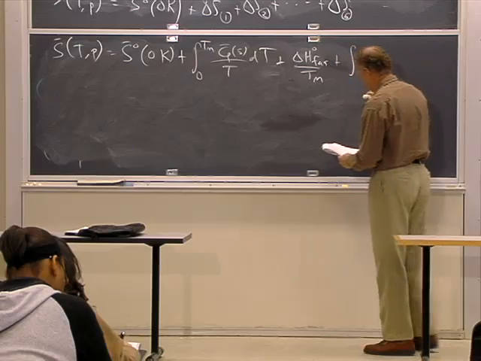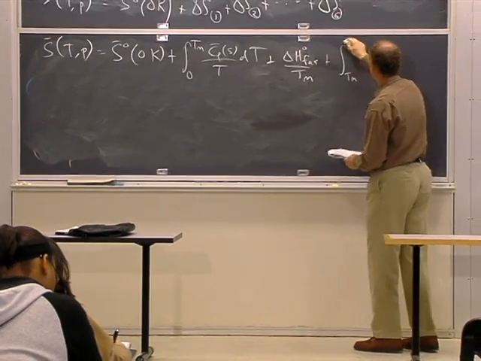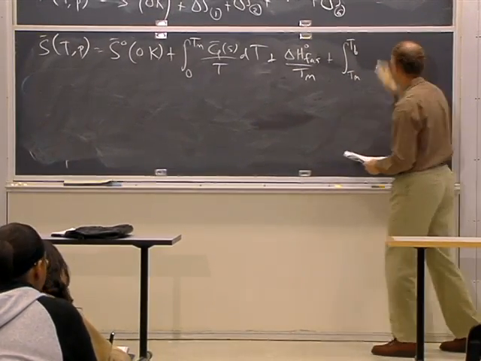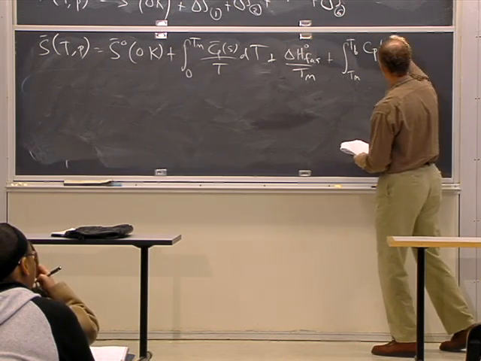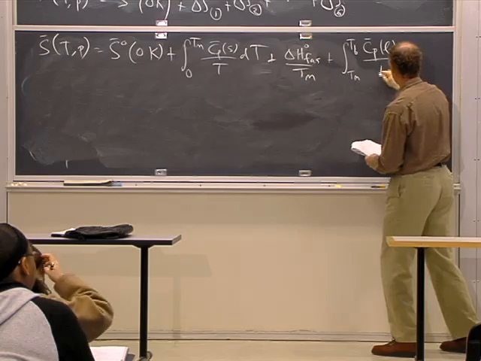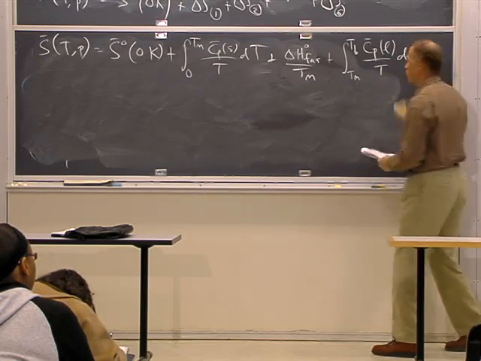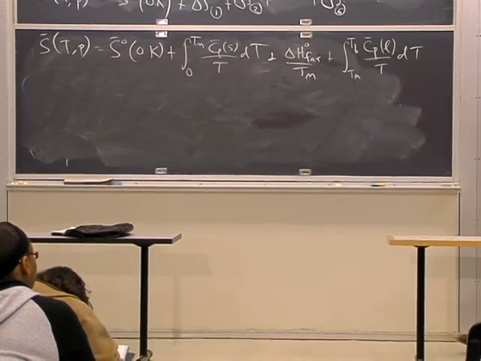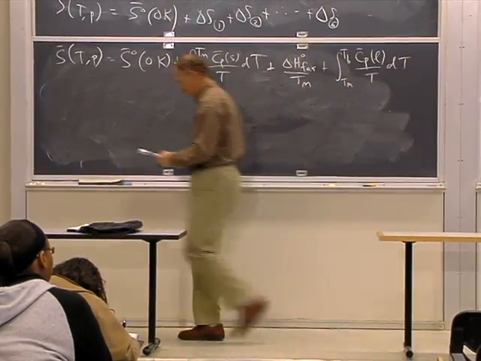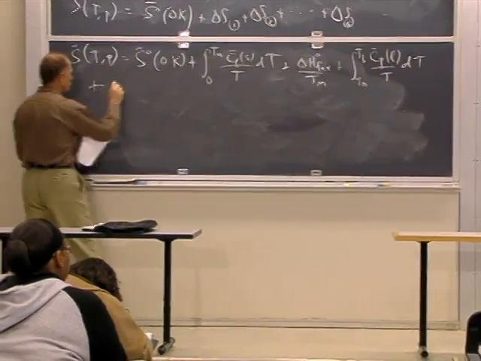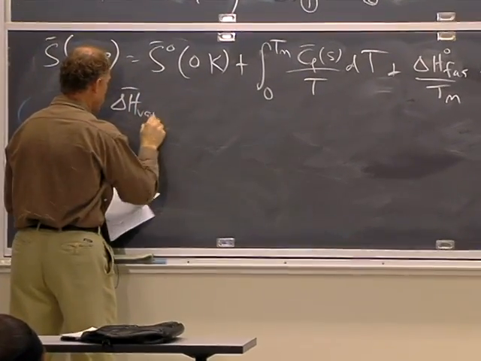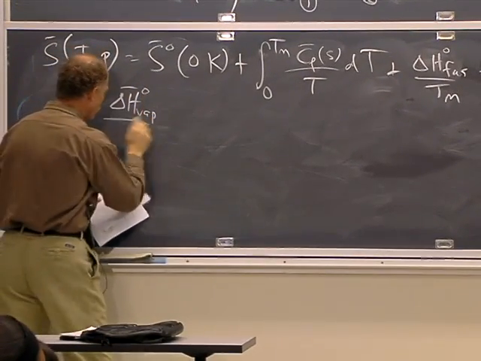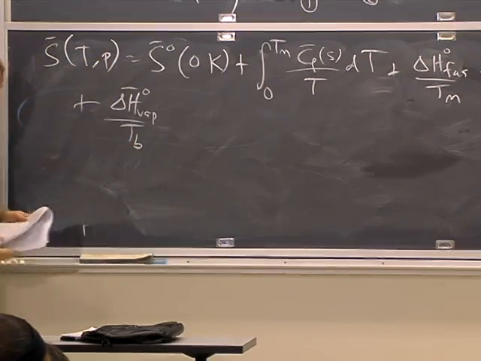All right. Then let's go from the melting point to the boiling point. So it's the molar heat capacity of the liquid, Cp divided by T dT. We're heating up the liquid. And then there's vaporization, delta H of vaporization over T at the boiling point.